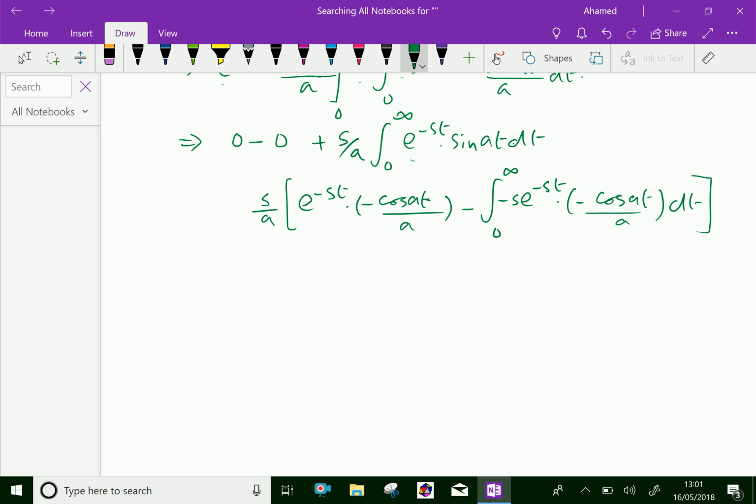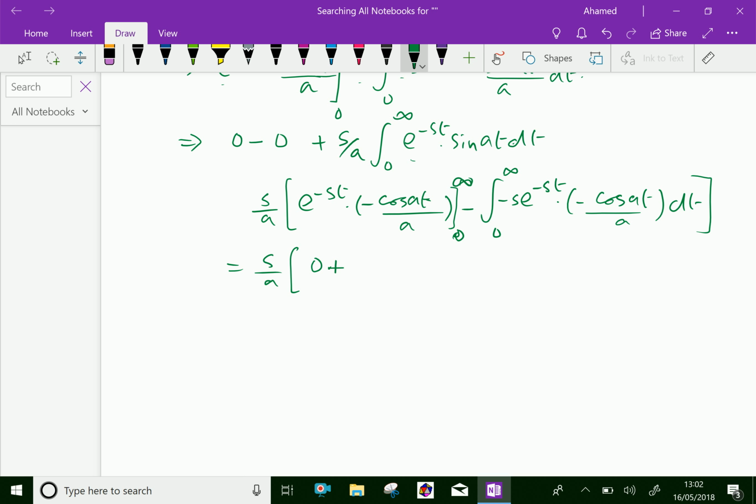This whole bracket is multiplied by s over a. We are giving the limits of 0 to infinity here. Infinity, if you substitute for e power minus st, it becomes 0. Cos infinity term becomes 0, and the one more minus there makes it plus.